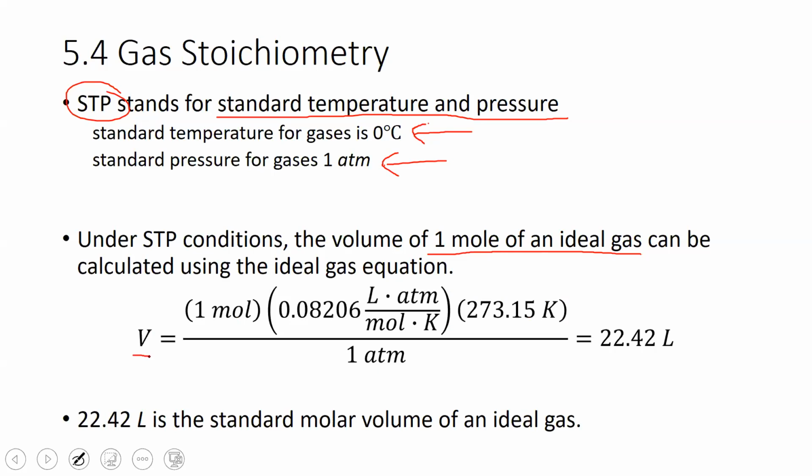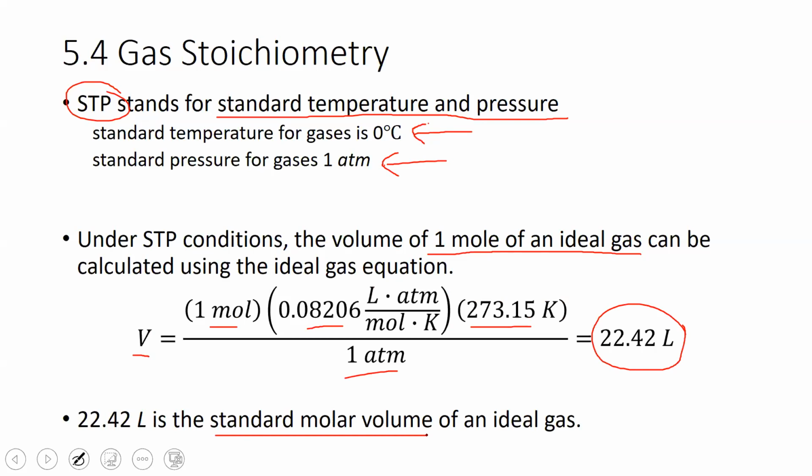So the volume is going to equal the number of moles times R, so nR, and T, our temperature at 0 degrees, divided by the pressure. You wind up seeing that 1 mole of an ideal gas will occupy 22.42 liters at standard temperature and pressure. We call that the standard molar volume of an ideal gas, the 22.42.